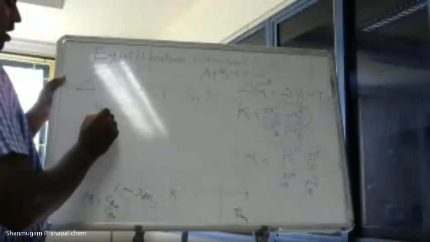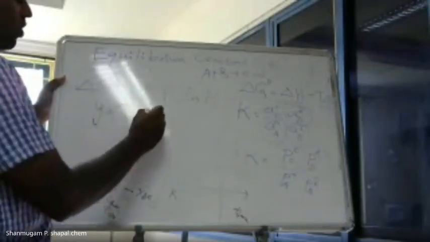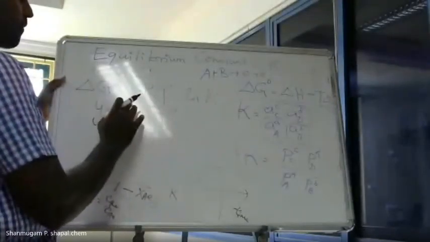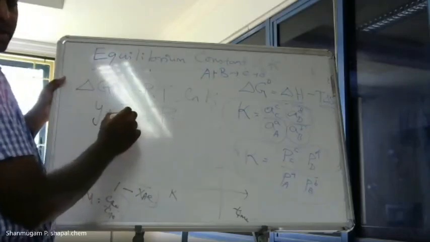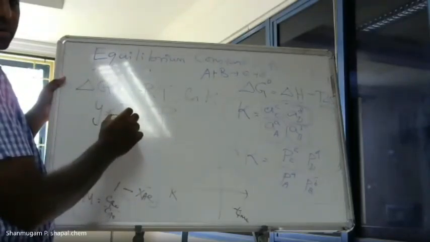And pressure can be substituted here. The partial pressure can be substituted as the mole fraction, for example Y, the mole fraction Y times the total pressure, PT.